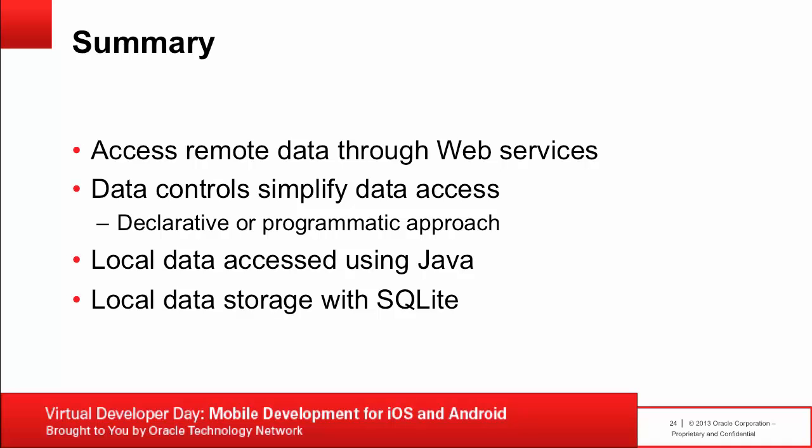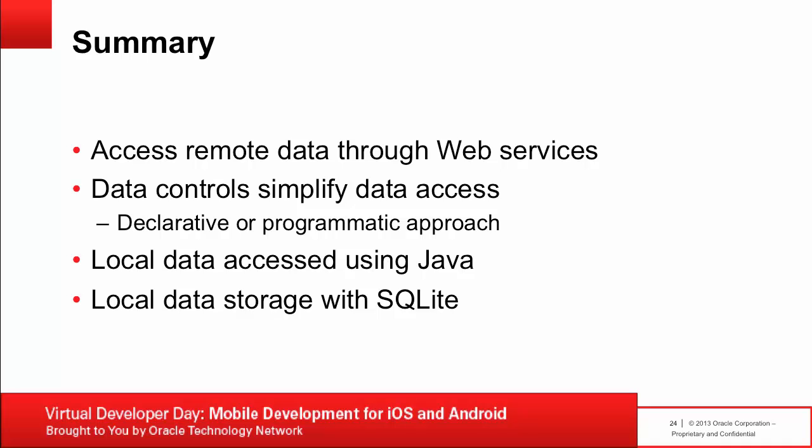Okay, this concludes this particular session. Just to summarize the session, you saw how you could access remote data through web services. You also saw the different types of data controls you can create to access data, as well as the declarative versus the programmatic approach to access data services.